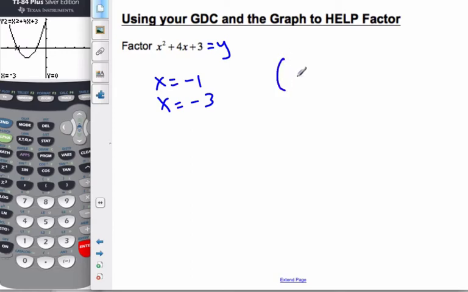From the investigation in class the other day, I know it's going to be x plus 1 and x plus 3. This is the factored form. It's the opposite sign of the x-intercept that gets me the factors. There's a nice connection between all of these, and so I can use the graph to help me find the x-intercepts, which help me find my factors.